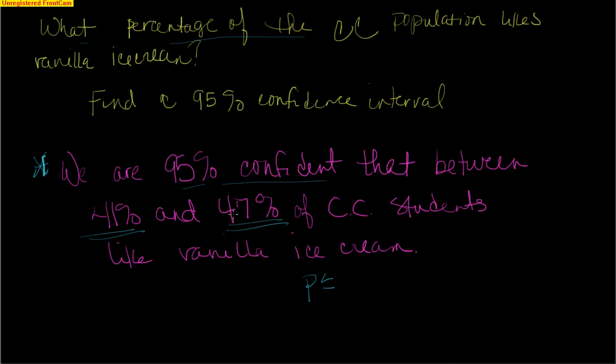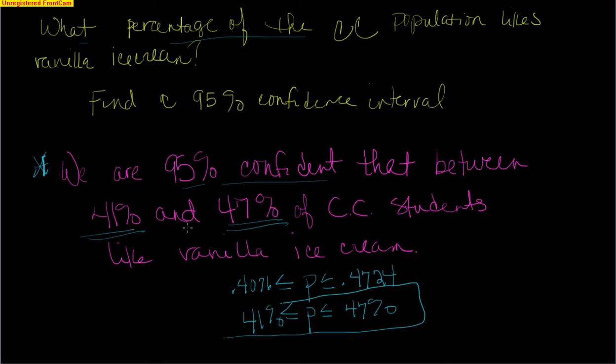And that comes from, like I said, p is less than or equal to 0.4724 and greater than or equal to 0.4076, which again, if you round this to percentages, is between roughly 47% and 41%.